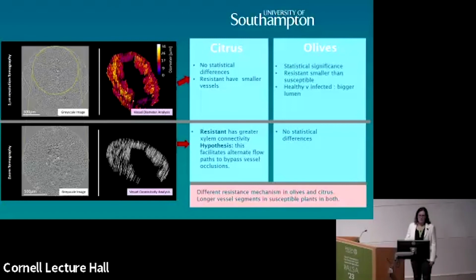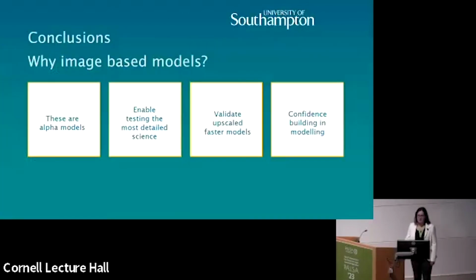Let me finish now here. So image-based modeling is quite a labor-intensive thing to do, because you need to be able to do the image segmentation, and then also integrate it with mathematical modeling to get your digital twin. But these are the alpha models.